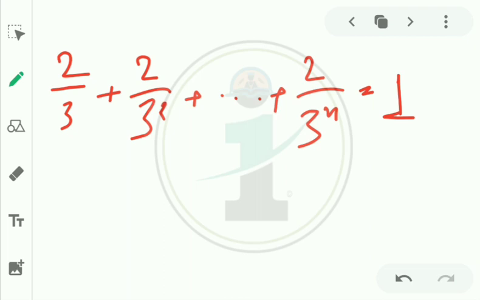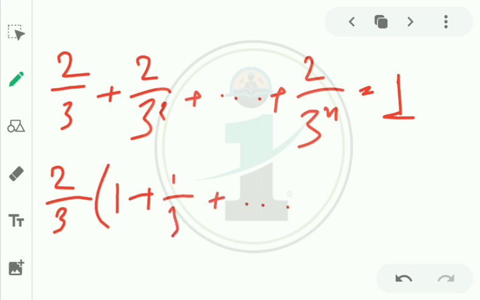So let us take out that 2/3 part, and we will have 1 plus 1/3 and so on, with the power n minus 1, equals to 1.